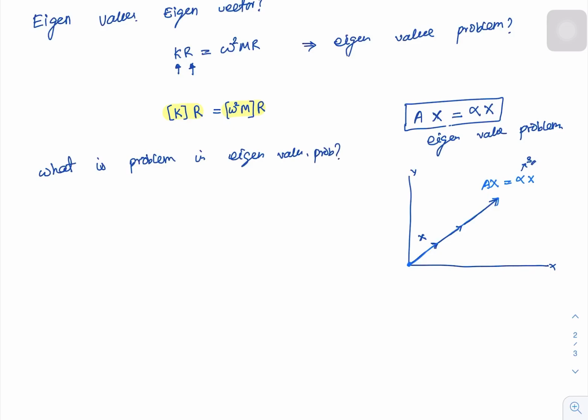So what is the problem in eigenvalue problem? We have K r equal to omega square M r. So we can simplify it: K minus omega square M, times r, equal to 0.